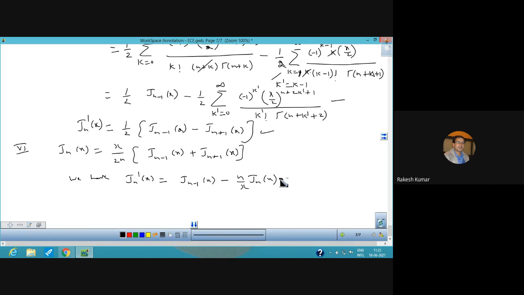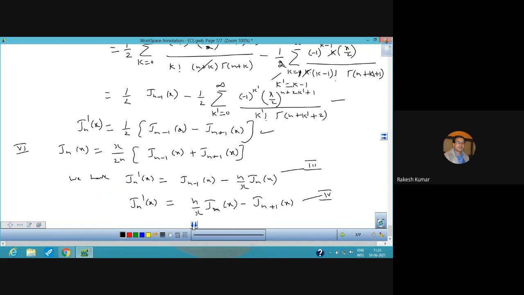This was your third recurrence relation. And from the fourth recurrence relation, we were having Jn dash x, that is n over x Jn x, and here you will have minus Jn plus 1 x. This was your fourth recurrence relation.